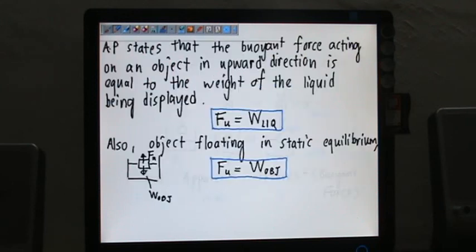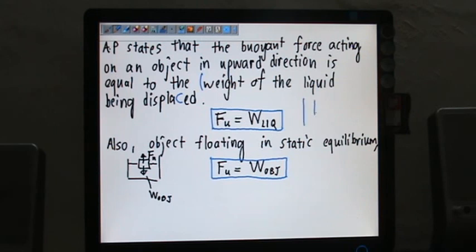So this brings us to Archimedes' principle, which states that the buoyant force acting on an object in an upward direction is equal to the weight of the liquid being displaced. So upthrust equals the weight of the liquid being displaced.